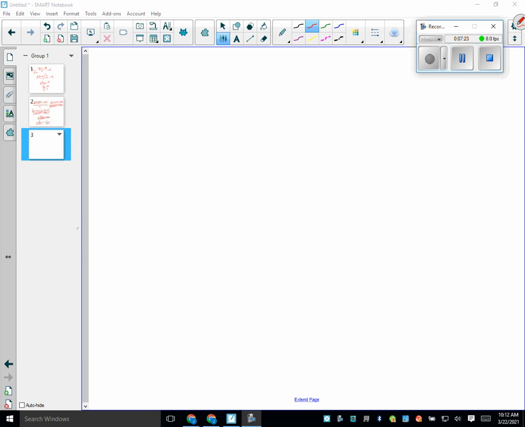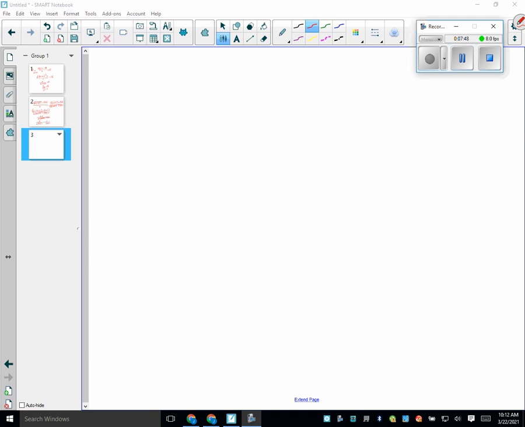Okay. We're back. On 1-4, number 1. What it's saying is that for it to be continuous at A, the first piece at A has to equal the second piece at A. Do you agree with that? Do you see there are 2 pieces?